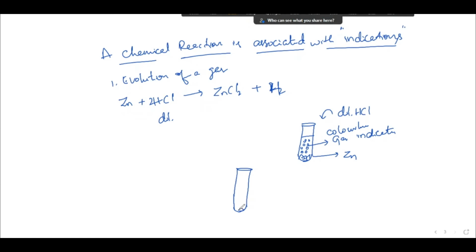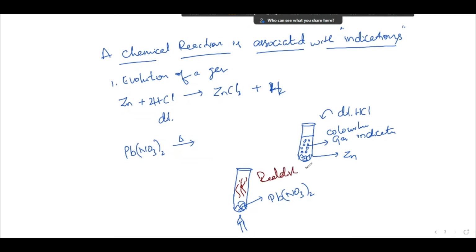If you take lead nitrate here and heat it, lead nitrate Pb(NO3)2, and you are heating this, then you will see some fumes over here, with reddish brown color. What is the color of the fumes?